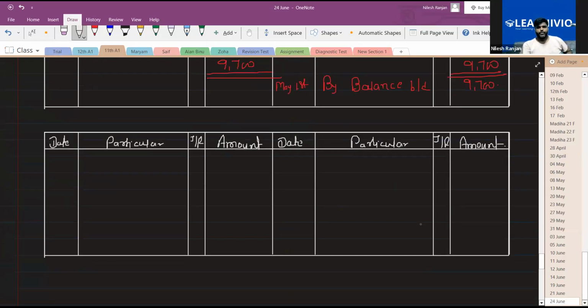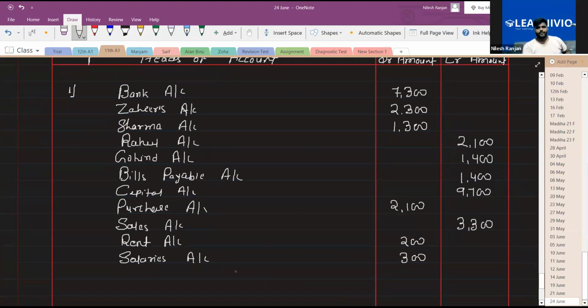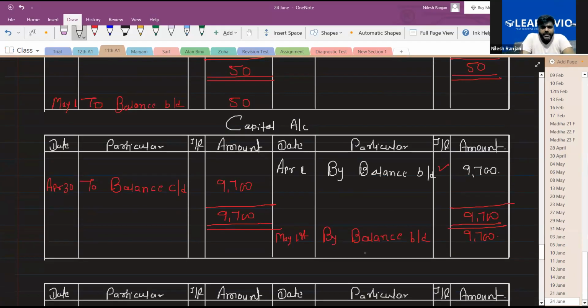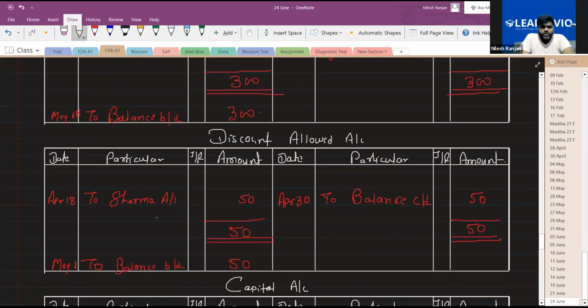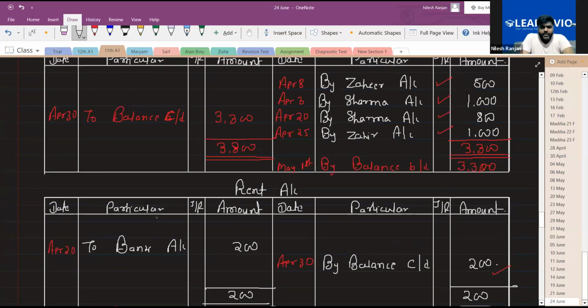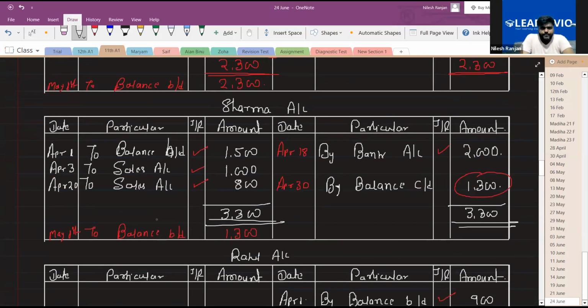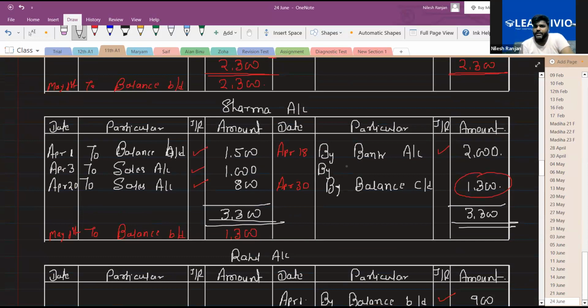There is discount allowed of 50. Actually, there is some mistake. This discount allowed is not written anywhere in the account. Discount allowed to Sharma. In Sharma account, this discount allowed has to be shown. Yes, that's the mistake, it was missed.